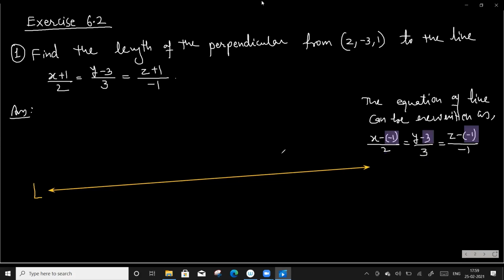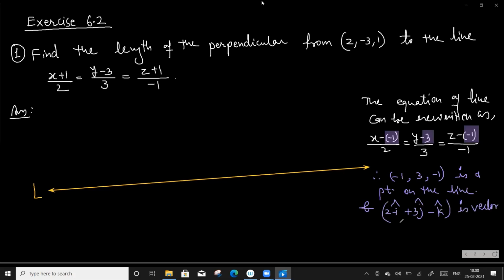Therefore (-1, 3, -1) is a point on the line, and 2i cap plus 3j cap minus 1k cap is a vector parallel to the line.